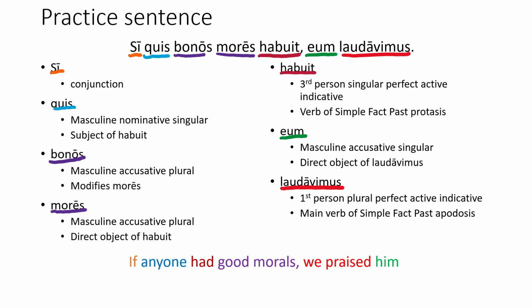In the apodosis, the subject of laudavimus is implied in the verb, we. Eum, as the accusative masculine singular of is, ea, id, is the direct object of laudavimus. When we put this all together, the sentence is translated as, if anyone had good morals, we praised him.